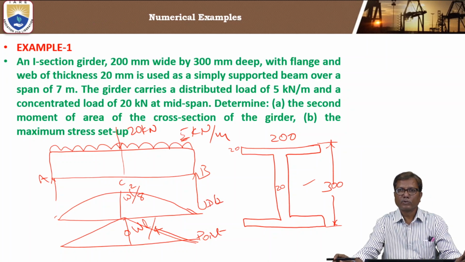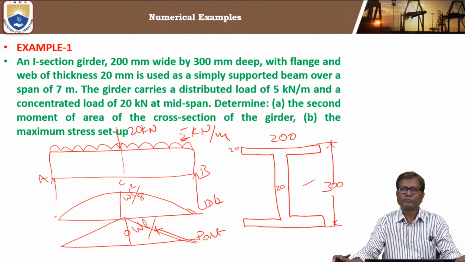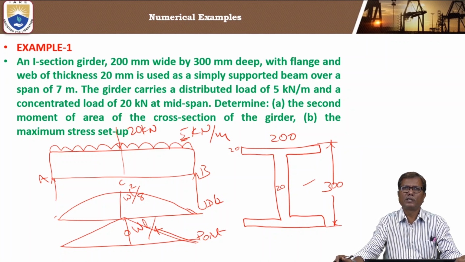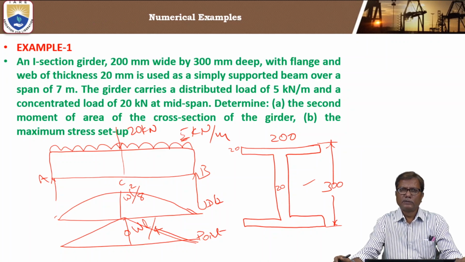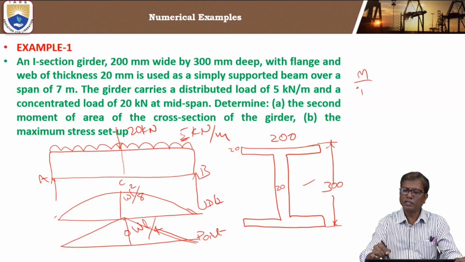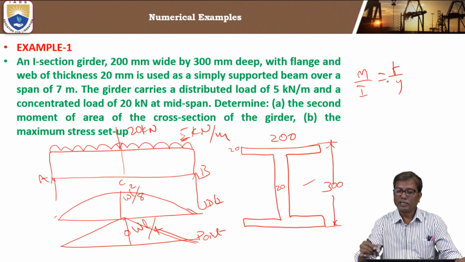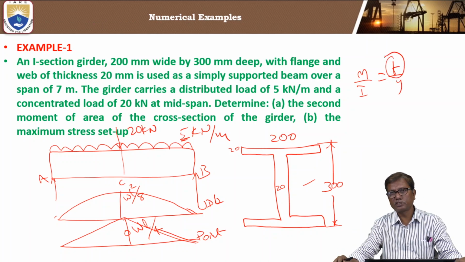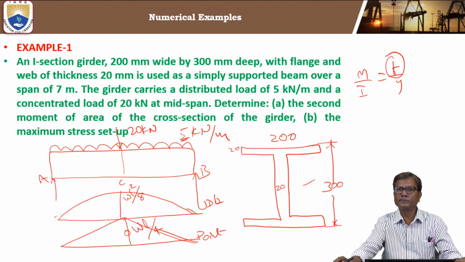Okay. So now we have to find the moment of inertia of the given cross section and use that value in the equation M by I equal to f by y to find the maximum stress set up.